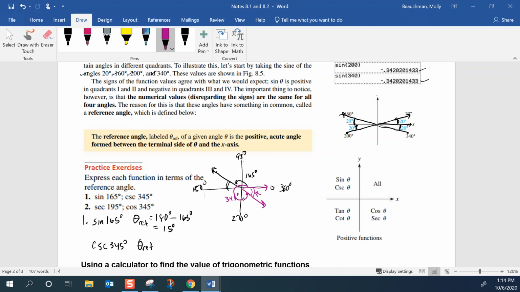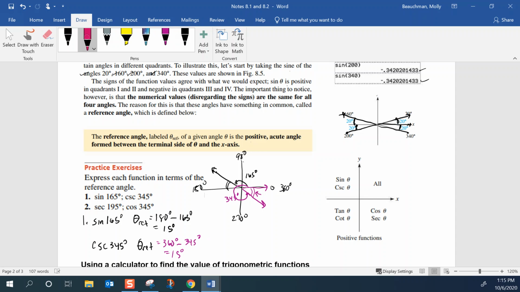So we'll go from 345 to 360, so we're going to take 360 degrees minus 345. And notice it's still 15 degrees. So that's why they have these: sine of 165 and cosecant of 345 have the same reference angle.